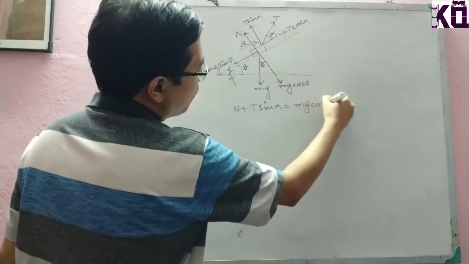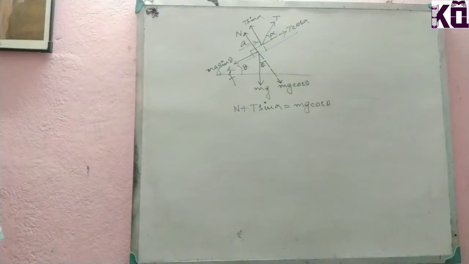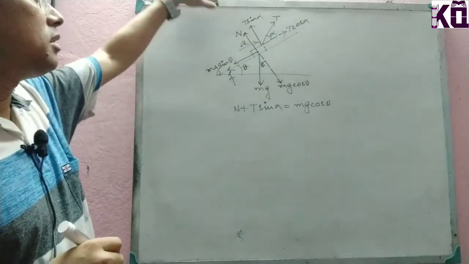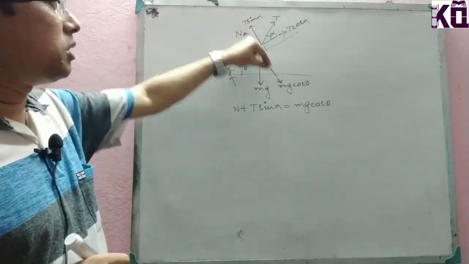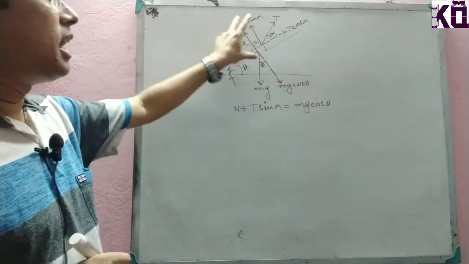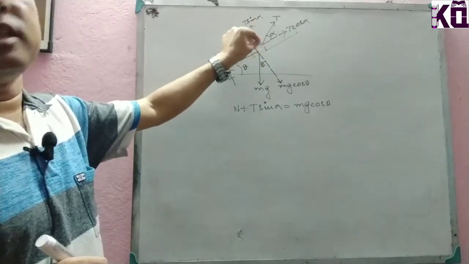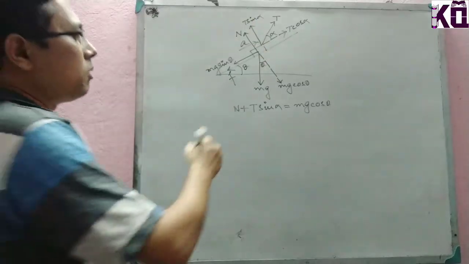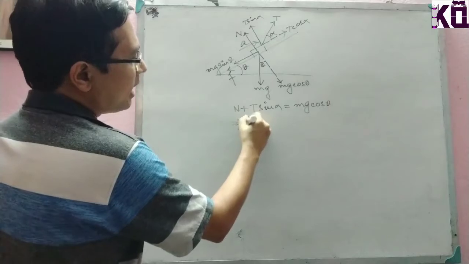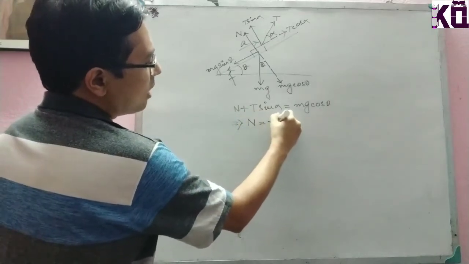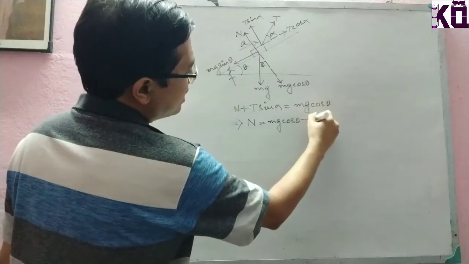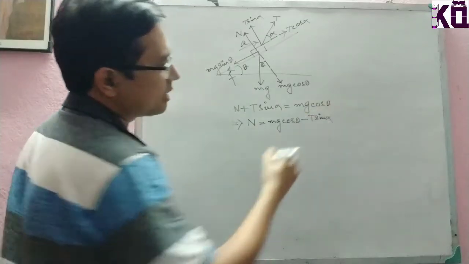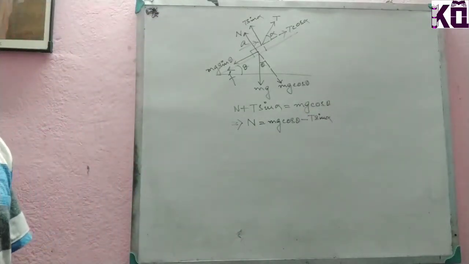That means these two act in one direction, and opposite to that there is mg cos theta, and they must be balanced with each other. So N must be equal to mg cos theta minus T sin alpha.